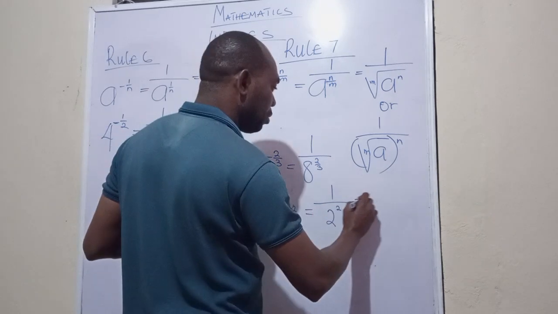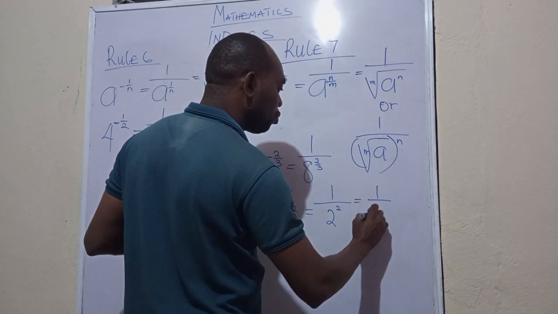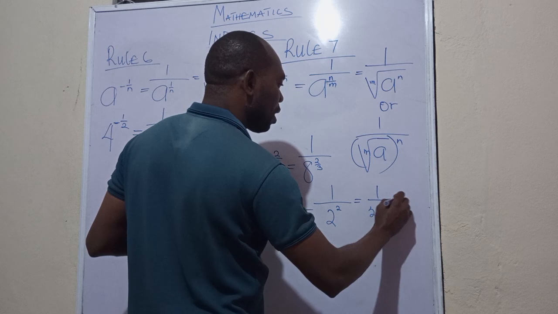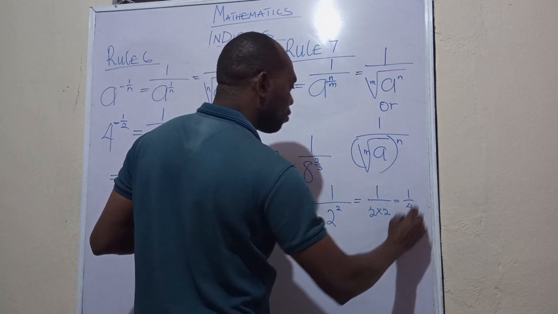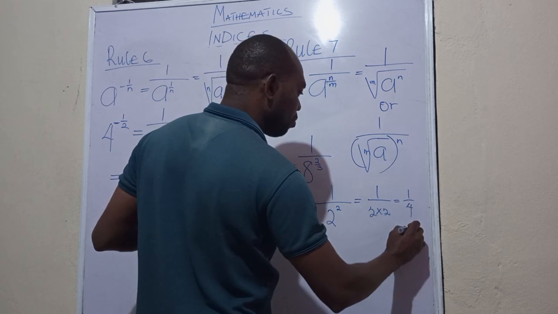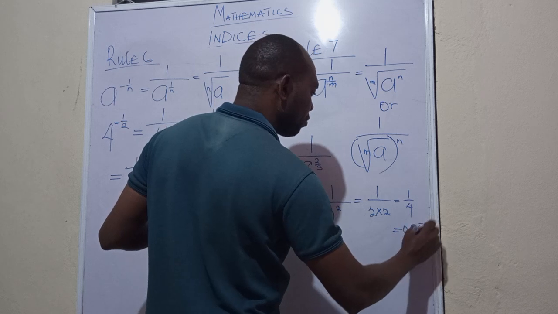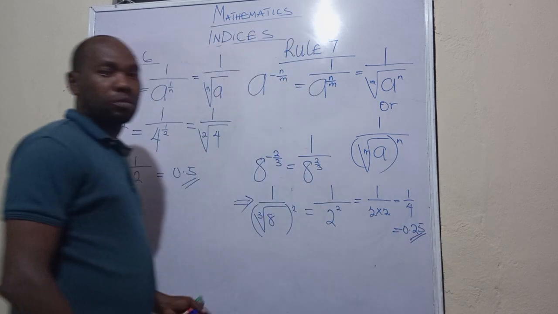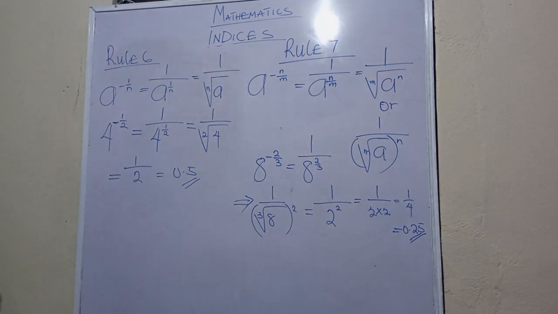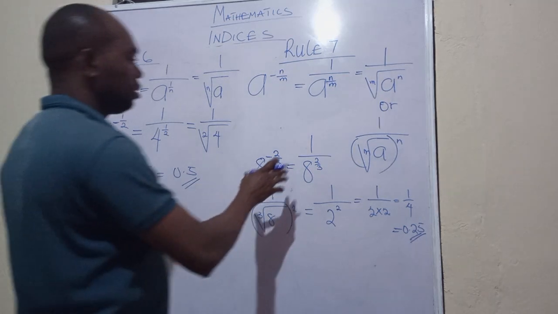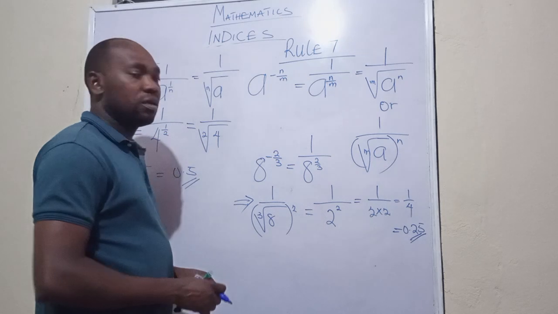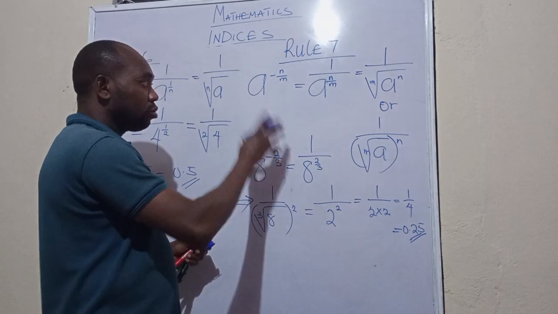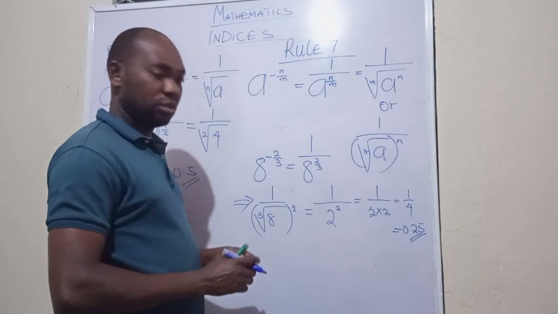And it will now be 1 all over 2 times 2, which equals 1 all over 4. And we can now say it's 0.25. So this is the way in which this rule can be expressed.